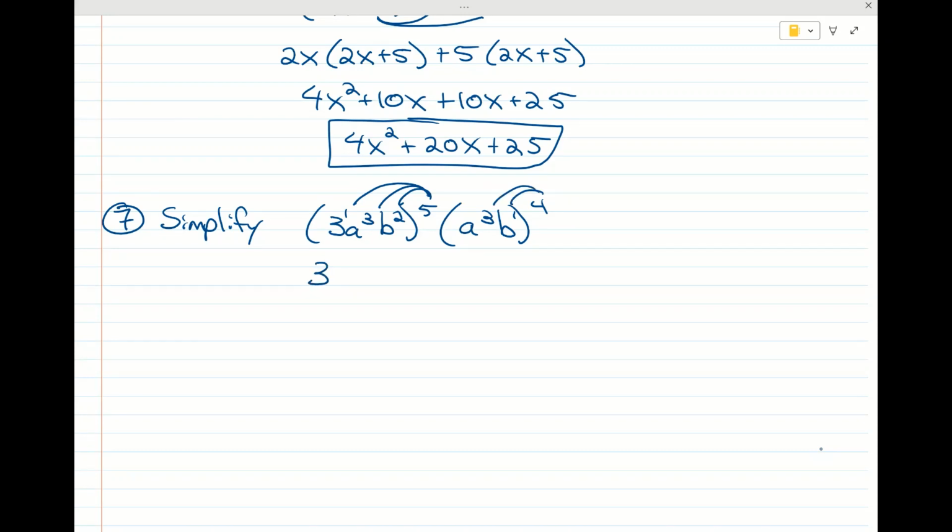So this would just be 3 to the 5th, a to the 15th, b to the 10th, a to the 12th, b to the 4th. And then now that we multiplied those powers, now we're multiplying bases, so we add their powers. We just get 3 to the 5th, a to the 27th, and b to the 14th.